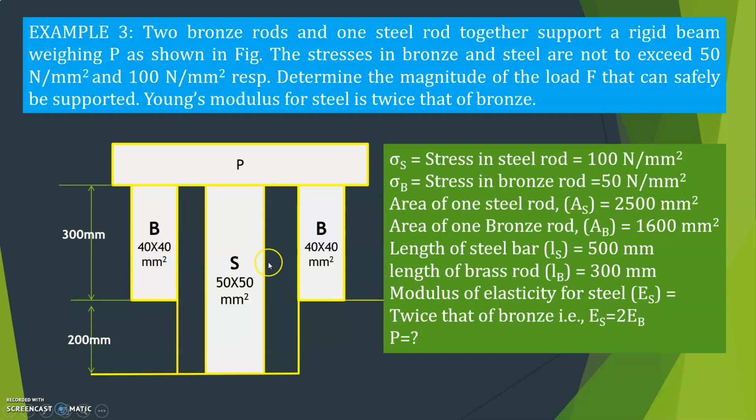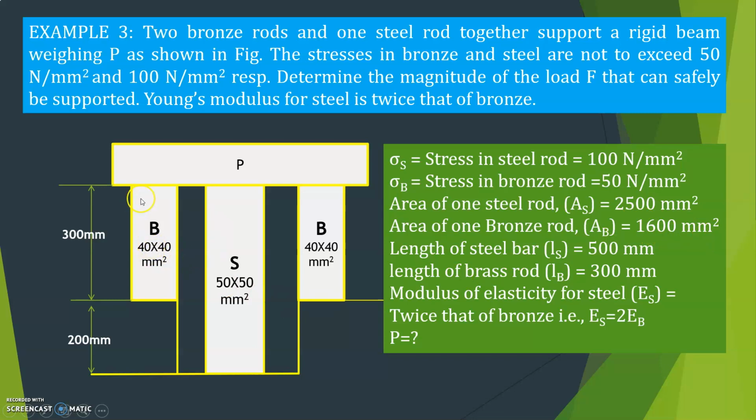Then area of the bronze rod. Here there are two bronze rods, so you can take 40 into 40 into 2, or while calculating P also you can substitute that two value. Let us first find the area of the bronze rod. That is equal to 40 into 40, that is 1600 mm square, or you can multiply by 2, that becomes 3200 mm square.